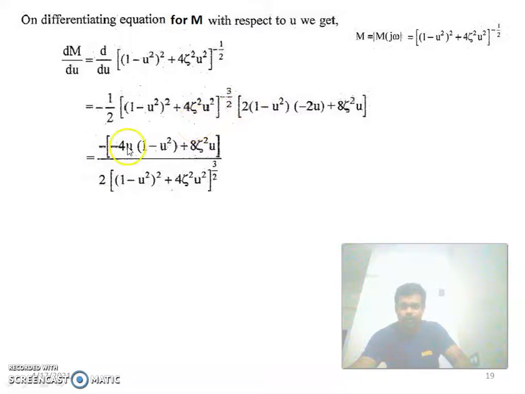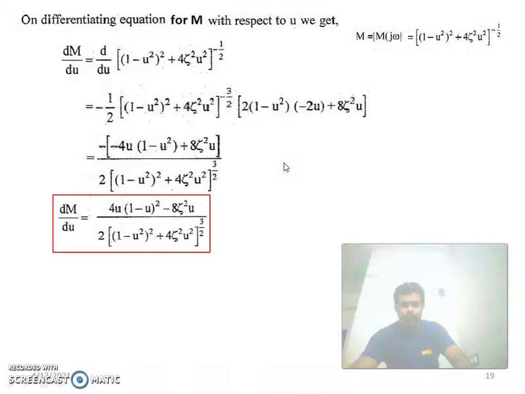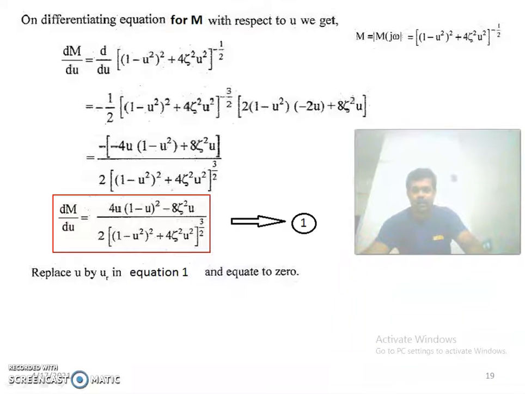So minus 4u into (1 minus u square) plus 8 zeta square u. Multiplying by this minus, we will be getting 4u into (1 minus u square) minus 8 zeta square u, divided by 2 into ((1 minus u square) the whole square plus 4 zeta square u square) to the power 3 by 2. So this is nothing but equation 1.